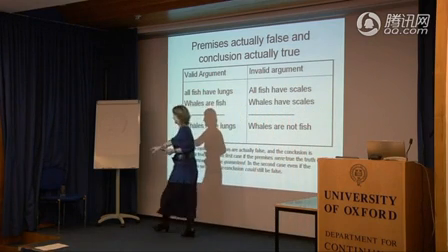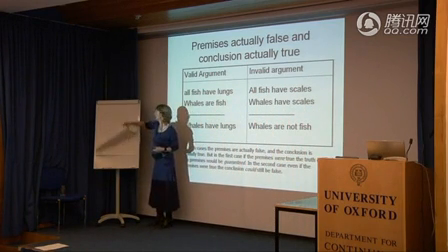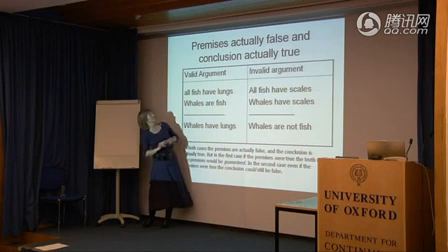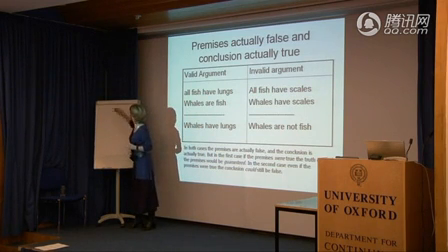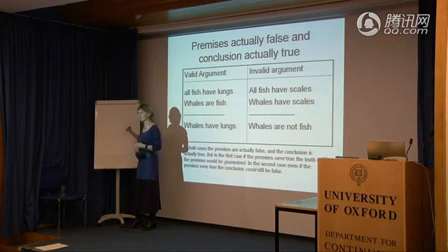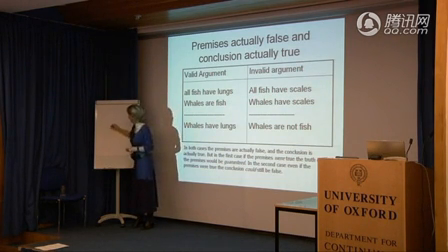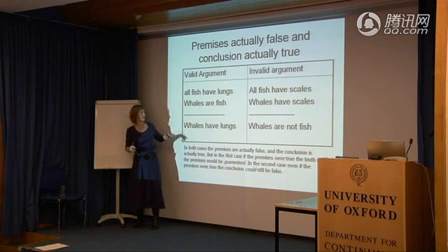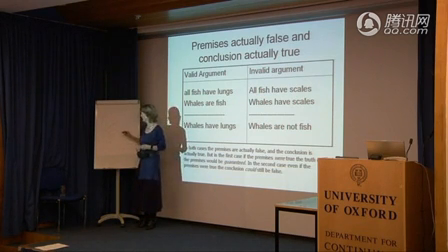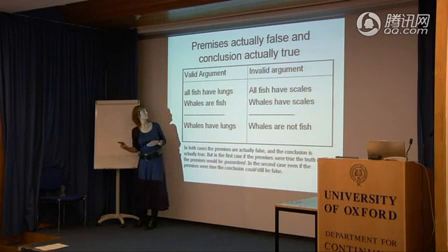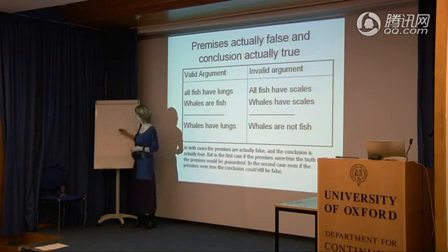Now let's look at the validity of these arguments. All fish have lungs. This is the class of lunged things. Where do I draw the class of fish? Inside. Here's fish. If whales have lungs, where have I got to draw the... Hang on, look.